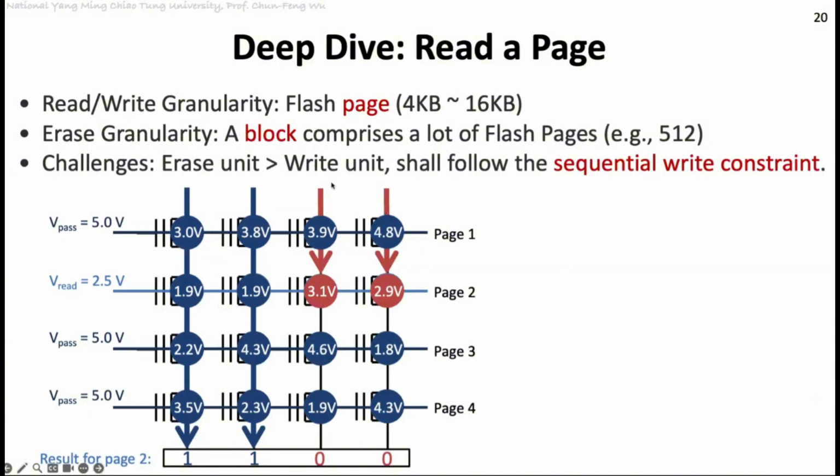Because for write, we can only increase the number of electrons inside the floating gate. We cannot drag out the electrons inside the floating gate. So write can only write one time. And if you are going to erase it, then you are going to erase a block. So usually people will not really do update in place. Usually people will do out-of-place update.